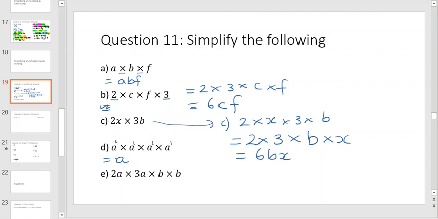But in this case, there are 4 A's, and that means the power becomes 4. And for E, we've got 2 times 3 first. So multiply 2 times 3, which is 6. Now, I've got A and A. So A times A would just be A to the power of 2, A squared. And then B times B would just be B squared there. Okay, so that was more of a challenge one if you're in year 7. But that's what the answer is.